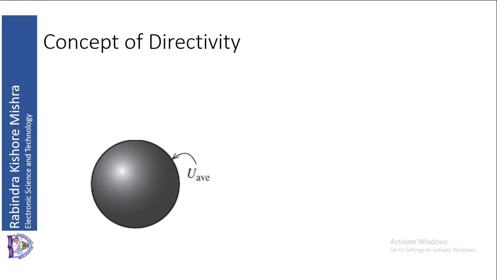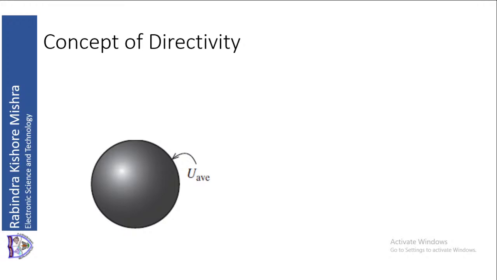At a distance r from the antenna, everywhere on the surface of the sphere, you find the radiation intensity. For an isotropic antenna we get a sphere, and on the surface the radiation intensity is the same. Therefore, that will be U average.